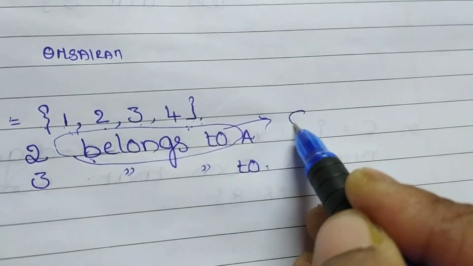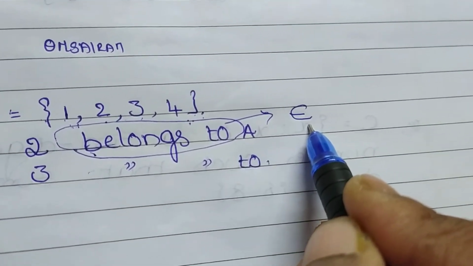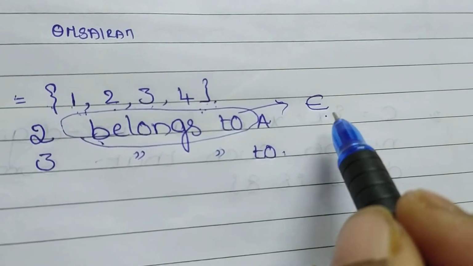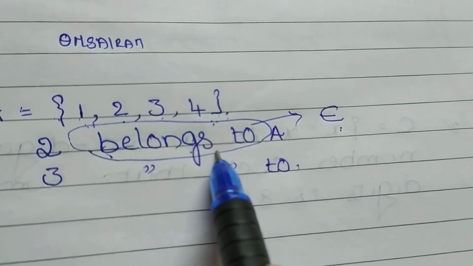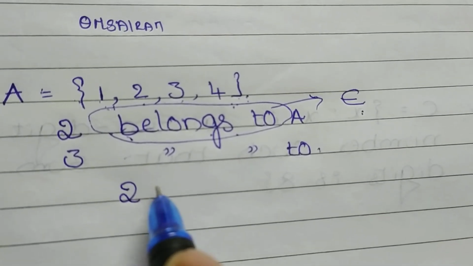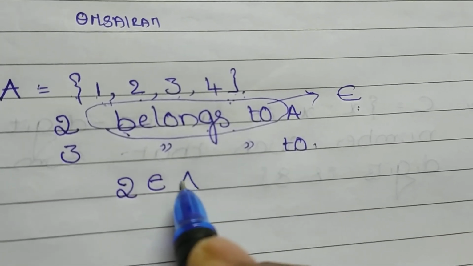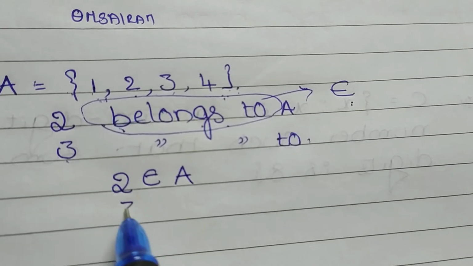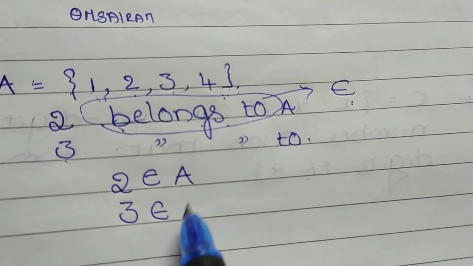That is epsilon. This is a Greek letter which we will use instead of belongs to. So, this can be written as 2 belongs to A. Similarly, 3 belongs to A.